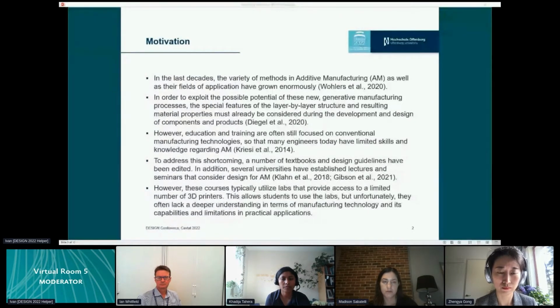However, these courses typically utilize labs that provide access to a limited number of 3D printers. This allows students to use the labs, but unfortunately, they often lack a deeper understanding of manufacturing technology and its capabilities and limitations in practical applications.